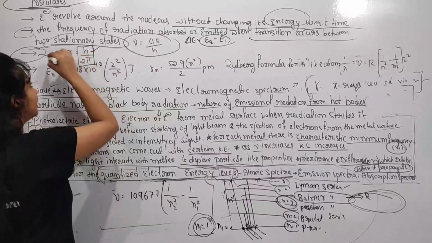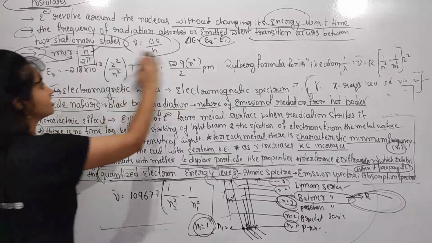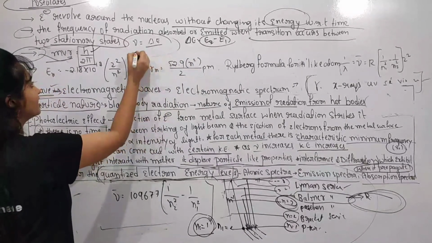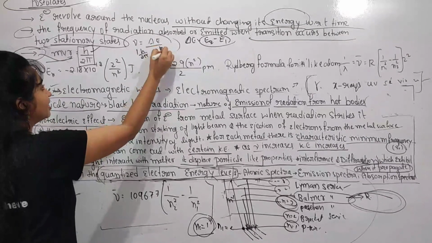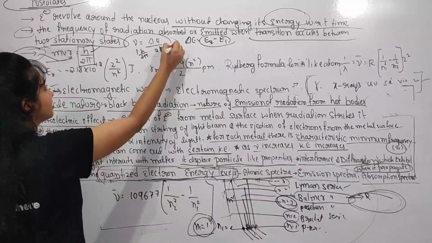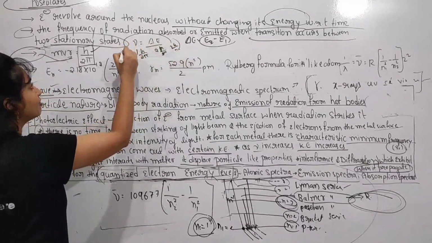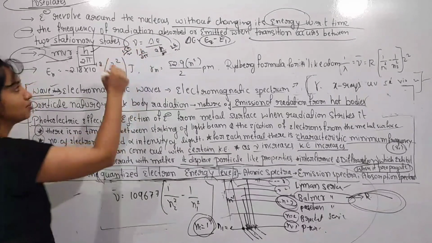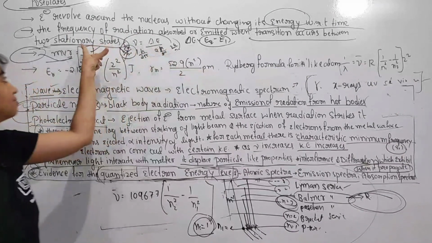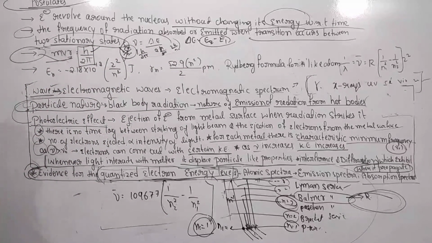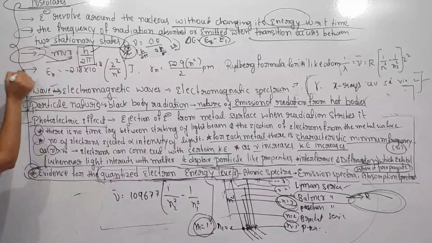That means the angular momentum of an electron can be 1h divided by 2 pi, 2h divided by 2 pi, 3h divided by 2 pi. We don't have 1.5h divided by 2 pi. We don't have this value because the quantized angular momentum of an electron is equal to an integral multiple of h divided by 2 pi. So these are the postulates given by Bohr.